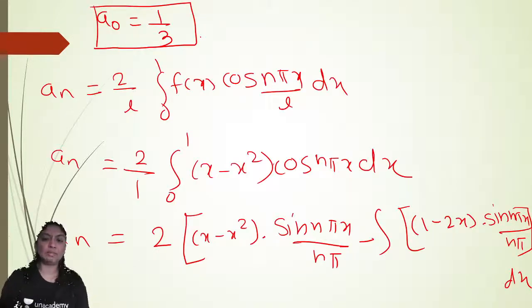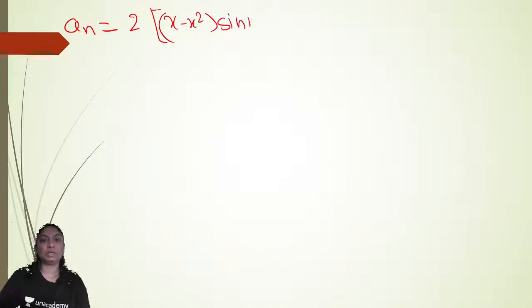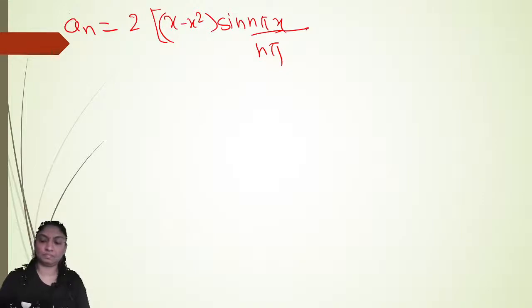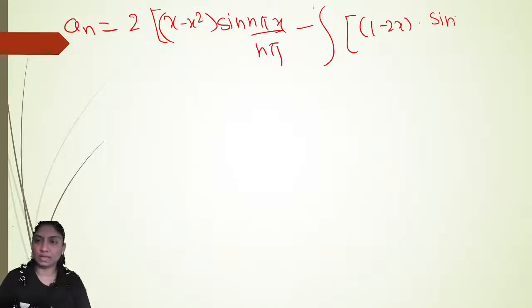So an is equal to 2 into bracket x minus x square into sine n pi x by n pi, minus, no minus, you will get integral of, I'm keeping as it is here, integral of 1 minus 2x into sine n pi x by n pi dx, right?